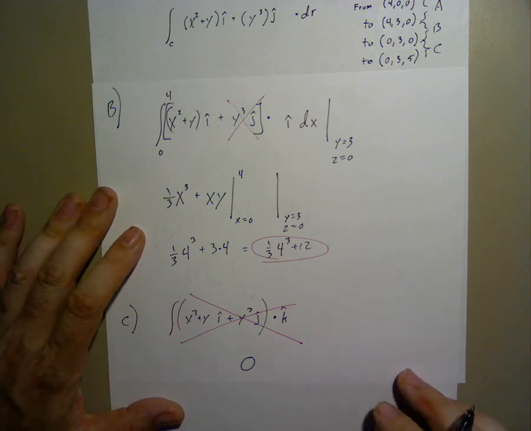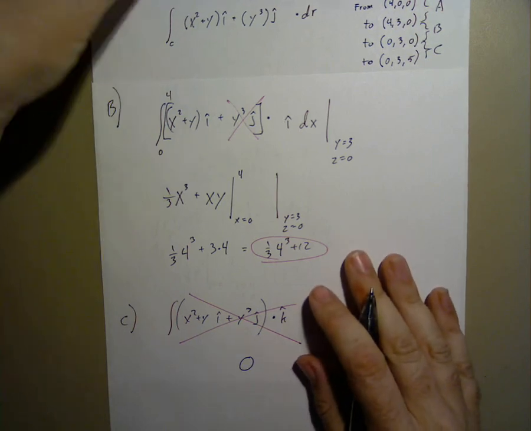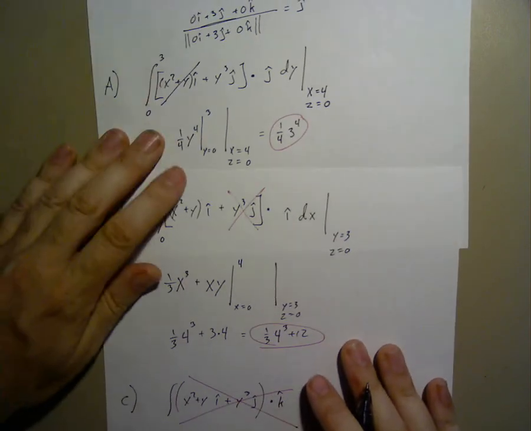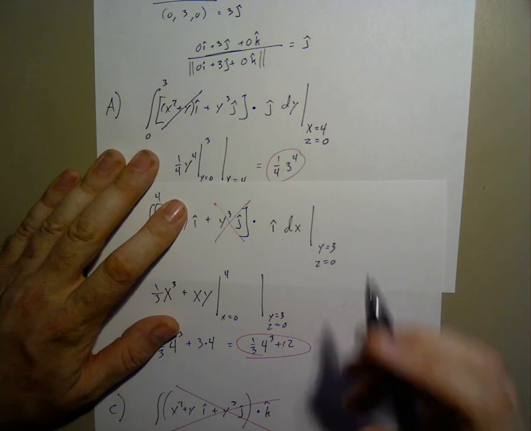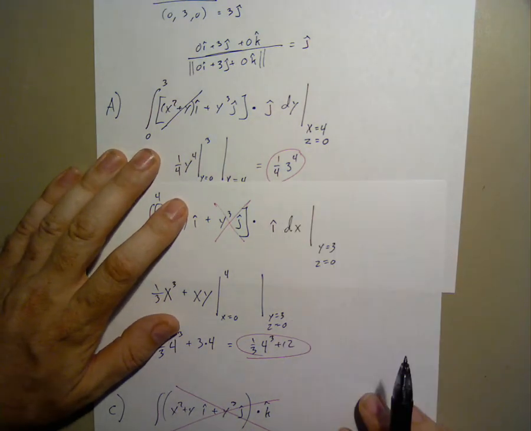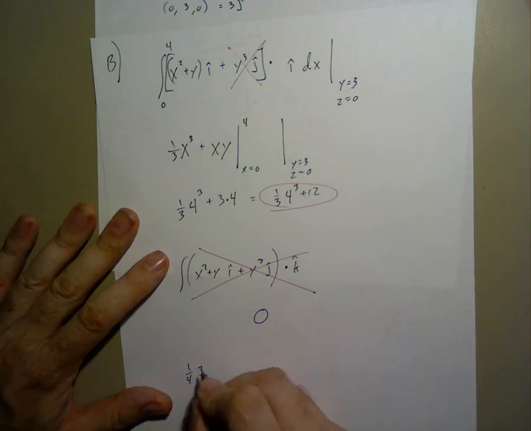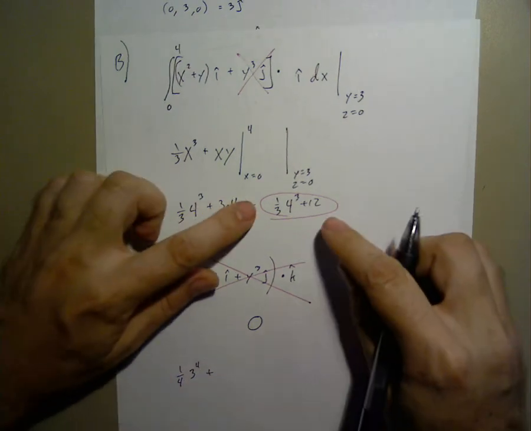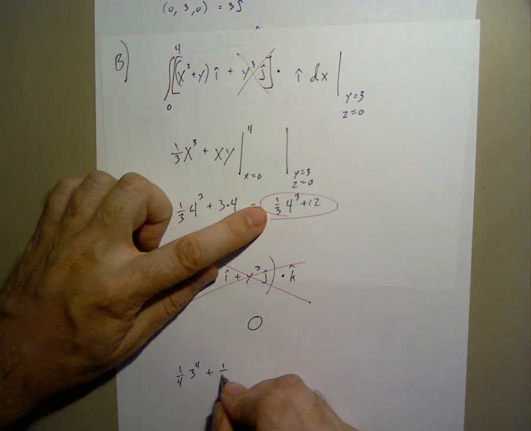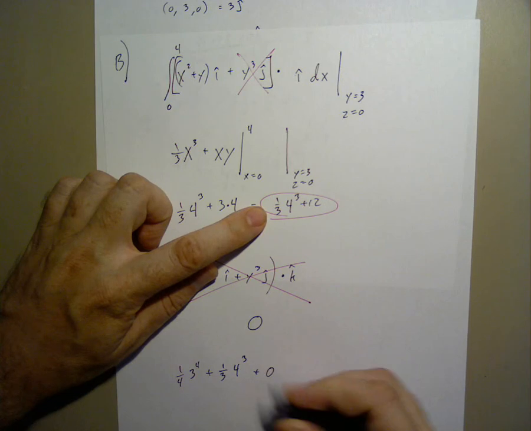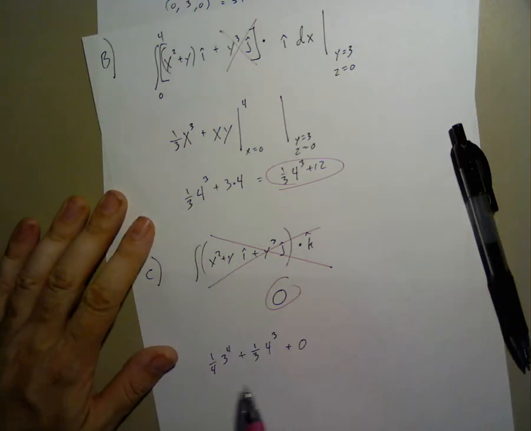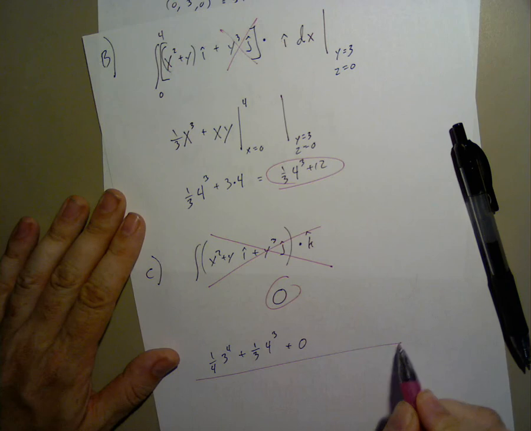Lastly, we add up the results of what we got from each integral. So we will have one fourth 3 to the power 4 plus one third 4 to the power 3 plus 0, leaving us with this.